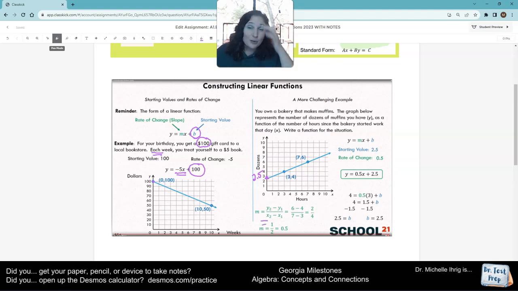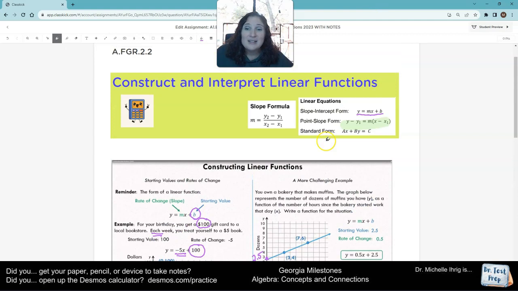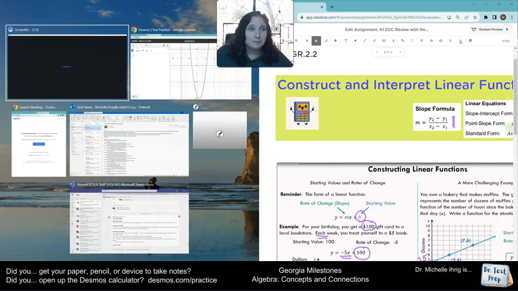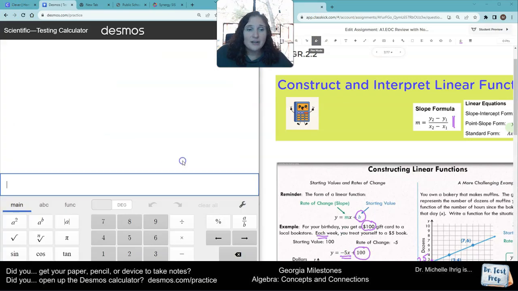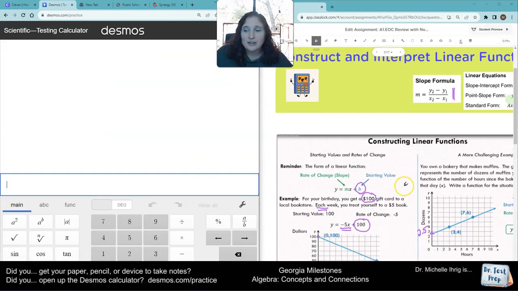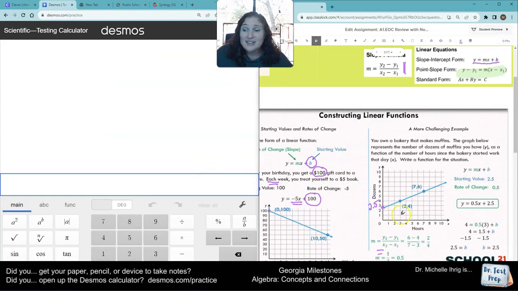You're going to talk about slope again around slide 70 when we talk about parallel and perpendicular slopes. But the thing with the slope is use the calculator. See this formula that they give you? Watch what happens when I use the calculator. I'm going to open it up as the scientific calculator. You could do it on the graphing calculator. It doesn't matter. And here's the trick.